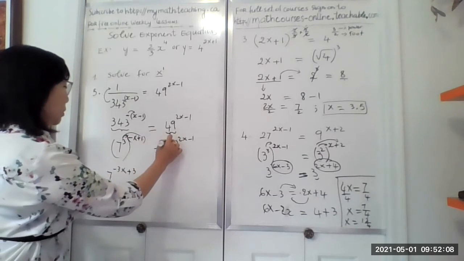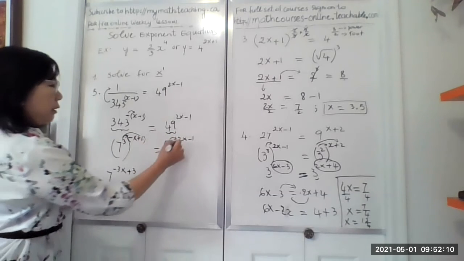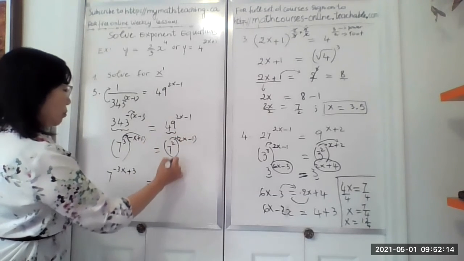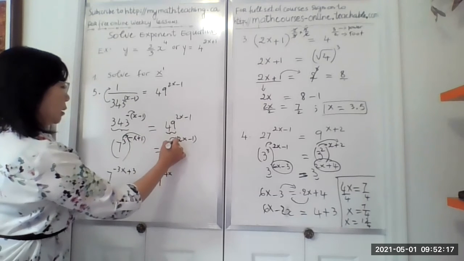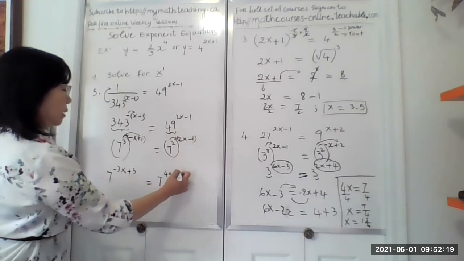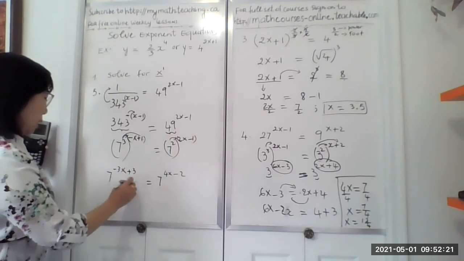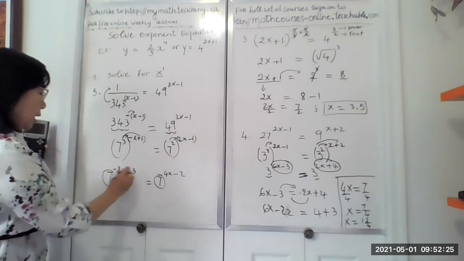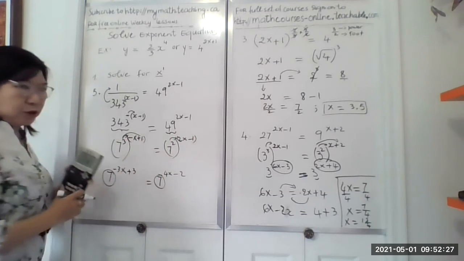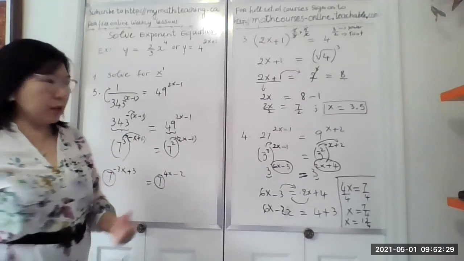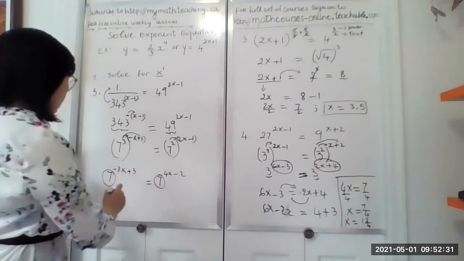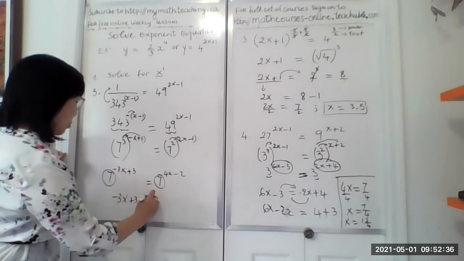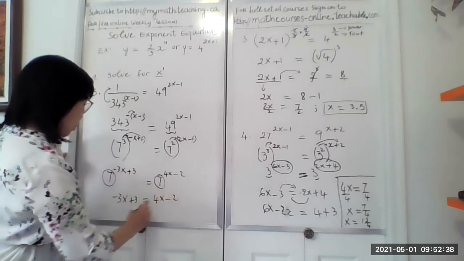Equal, I will distribute to the bracket outside here as well. So I will have 7 to the power 2 times 4x, and 2 times minus 1 is minus 2. Now, because they are the same base, 7 and 7, I can use the same trick. I'm going to pair this power with that power. So I will have minus 3x plus 3 equals 4x minus 2.